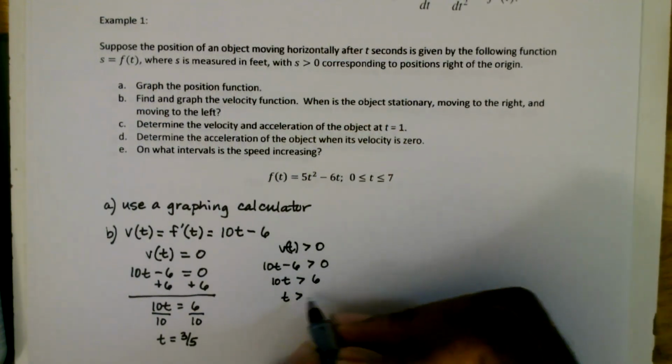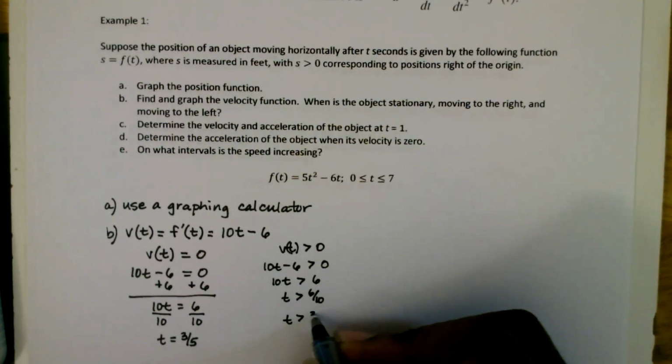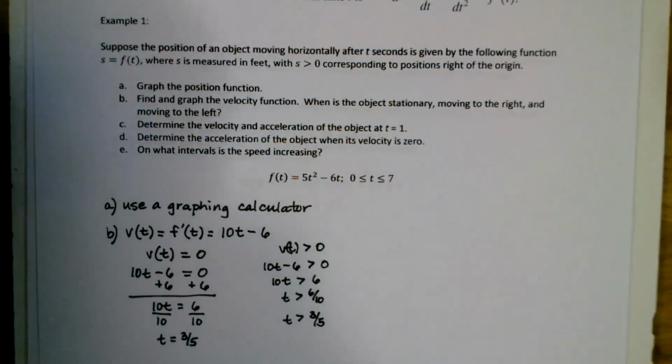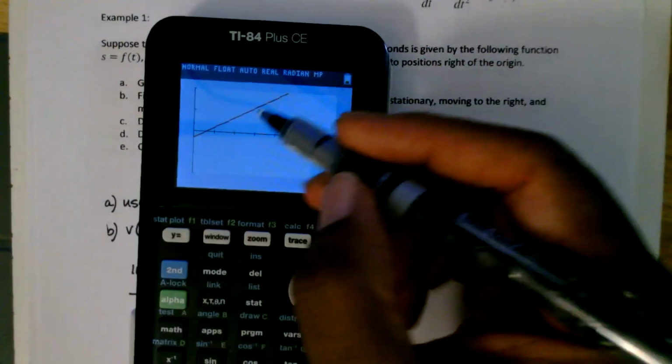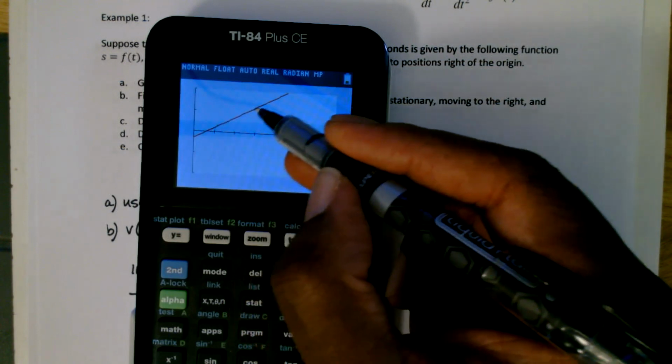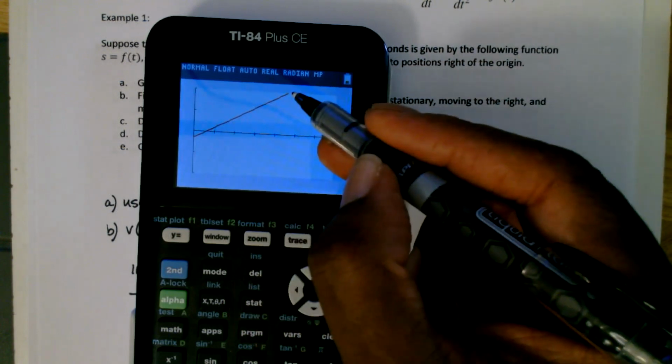That would mean t is greater than 6 over 10, which reduces to 3/5. So if your t is greater than 3/5, it's going to be moving to the right. And it shows right here, because 3/5 is where this line is crossing the x-axis. So if it's greater than that, it's going to be moving to the right.